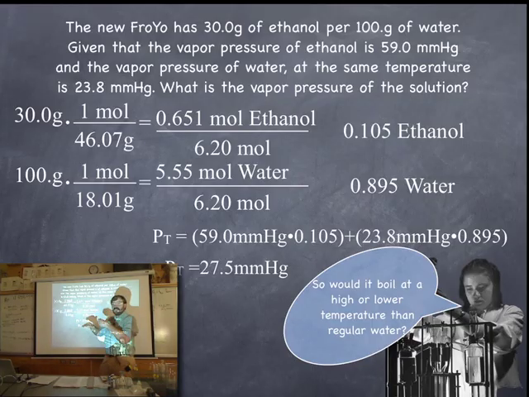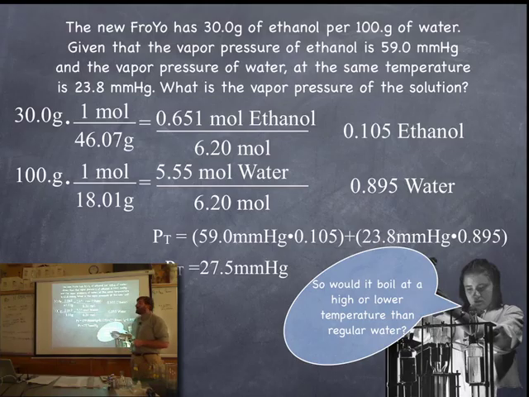This is where it's tricky, because we have a mixture of two substances that both have vapor pressures. So this is going to boil at a lower temperature than water, but at a higher temperature than ethanol.